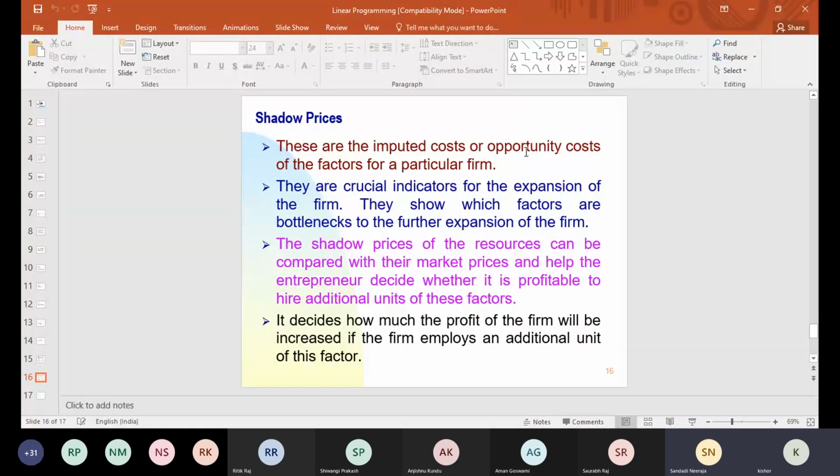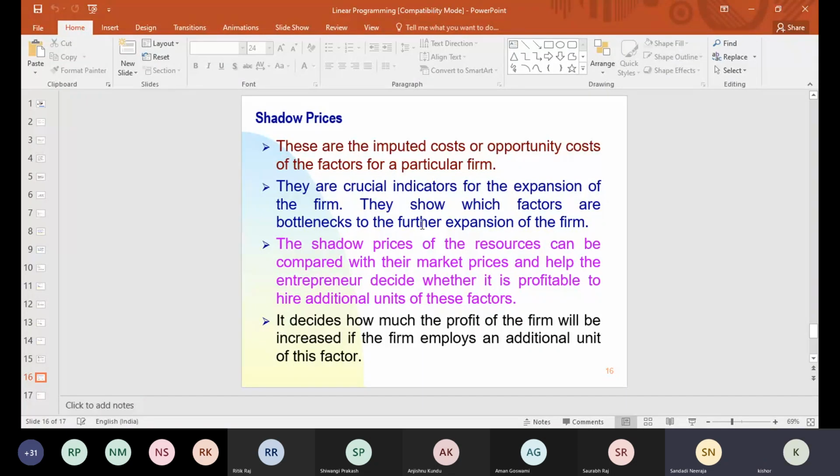You remember? Imputed value of family labor or implicit cost of family labor or imputed value of your own labor. It's quite similar to opportunity cost, what you are sacrificing. Or opportunity cost is the return from the next best alternative. I am reading it, after that I will elaborate. They are crucial indicators for the expansion of the firm.